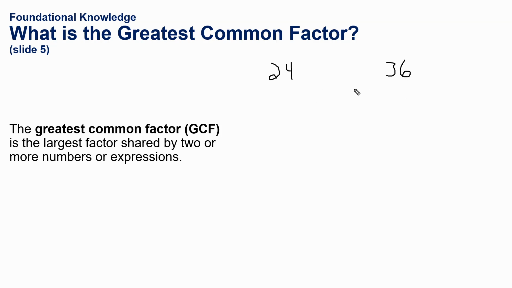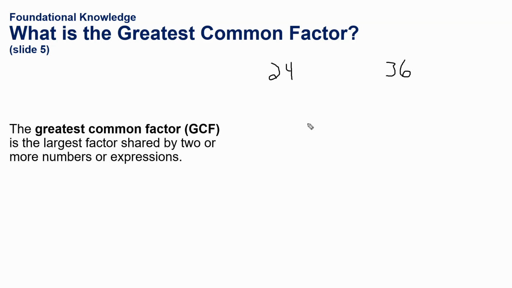How we could do this is we could first break down the factors of 24 using prime factorization to figure out what these numbers would be. Now, let's first, though, define what the actual factors are of 24 and 36, and then we'll look at how to find it using prime factorization.